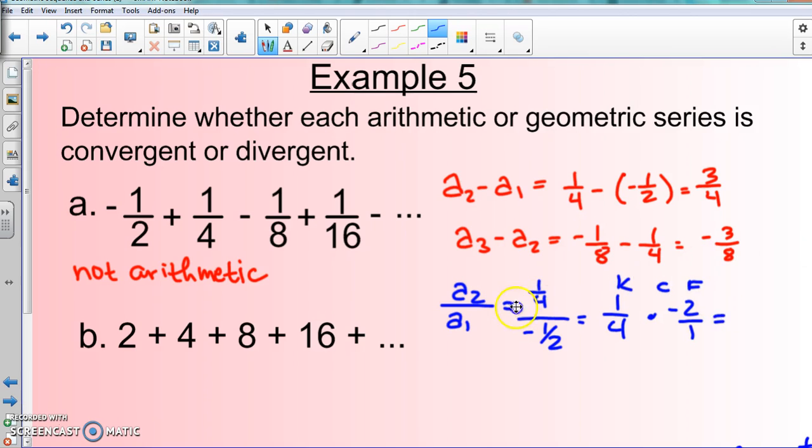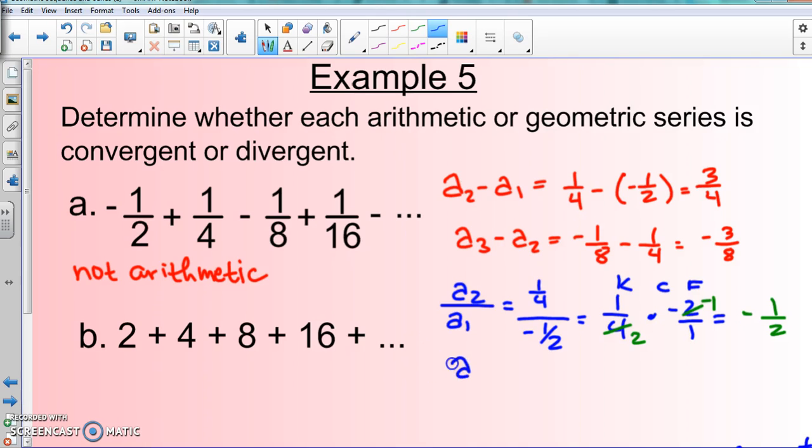Here again, you multiply straight across and then simplify or cross reduce. So 2 goes into 2 one time, so that's a negative 1 there. And then 2 goes into 4 two times. So it gives me a negative 1/2 here for that ratio.